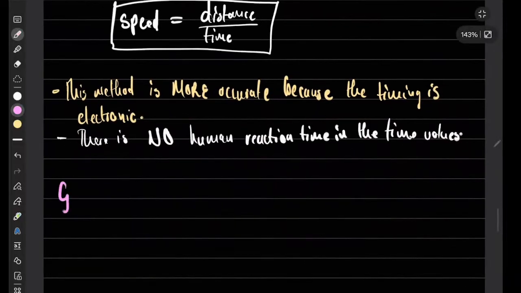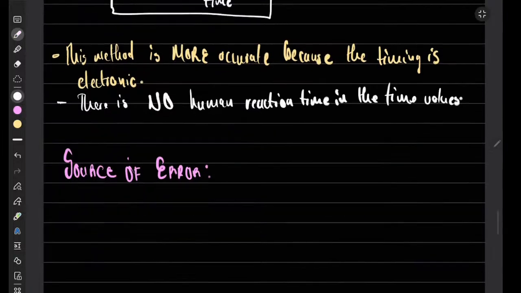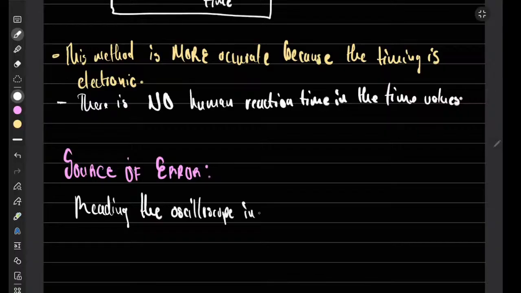Now, what is the source of error? The main source of error, or the main possible error, is reading the oscilloscope incorrectly.